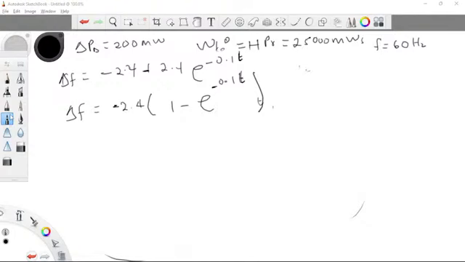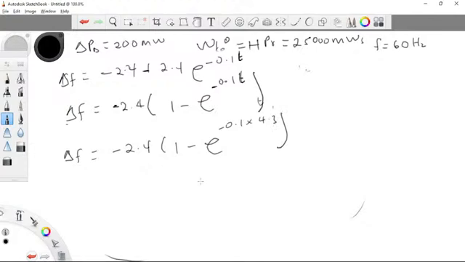Now the next question is to find the drop in the frequency if the time delay in the operation of the governor is 4.3 seconds. So what you have to do is change f equals negative 2.4 times 1 minus e to the power negative 0.1 times 4.3.